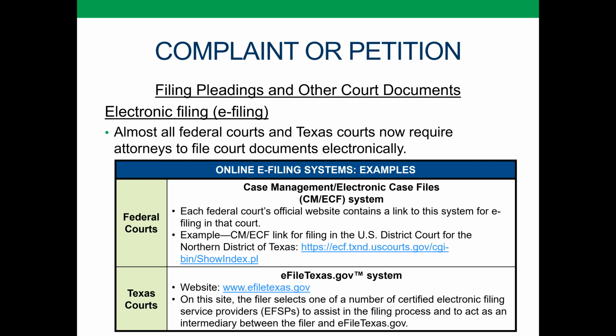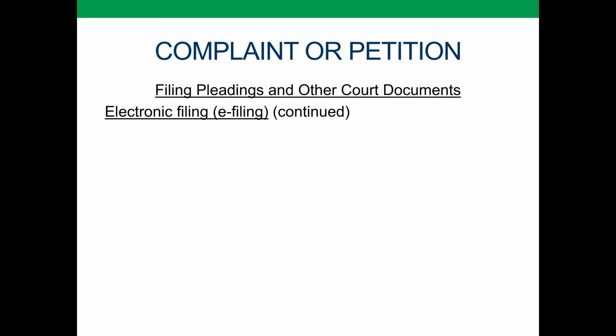They have links and descriptions of all these different providers of filing services that have been certified to file through the efiletexas.gov system. And they all have different characteristics and they all have different features. And so your supervising attorney or law firm will probably already have a preference and already be signed up with one. But that's how you would do it when you're electronically filing in a Texas court.